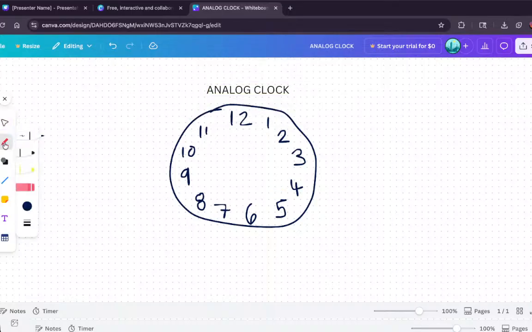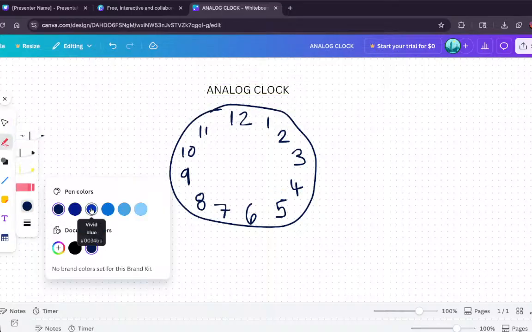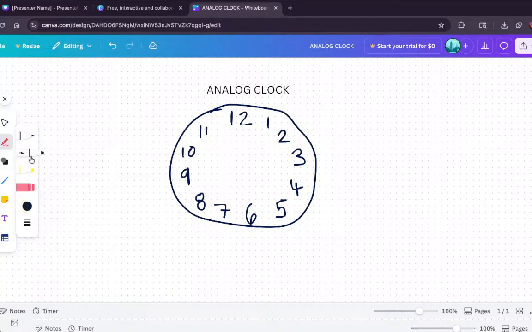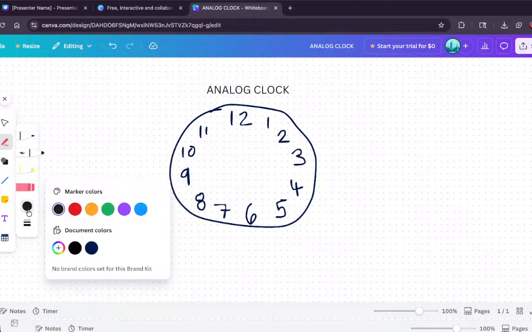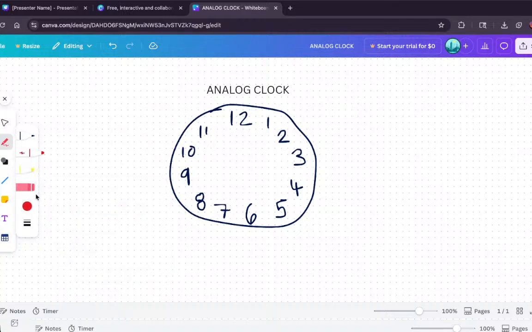Here, I will draw the hour hand in marker. I'll draw that in red. So, let's imagine the clock shows 4:50. So 4, that means it's in between 4 and 5.